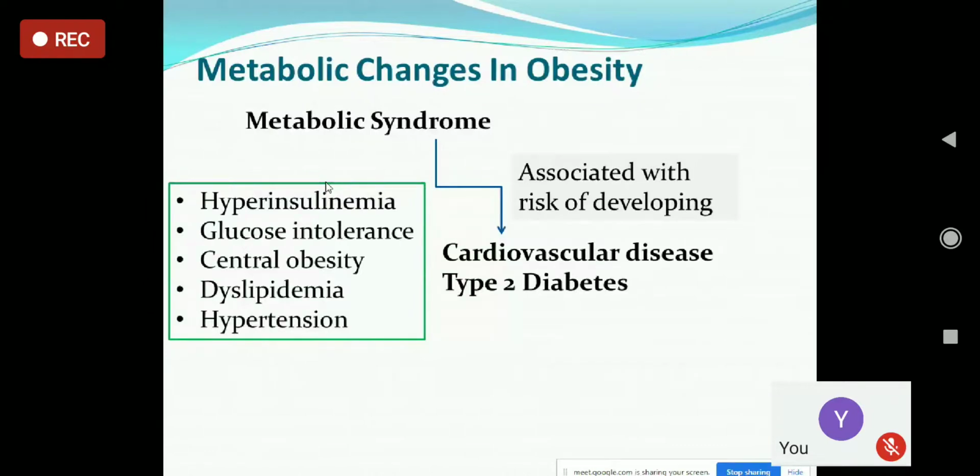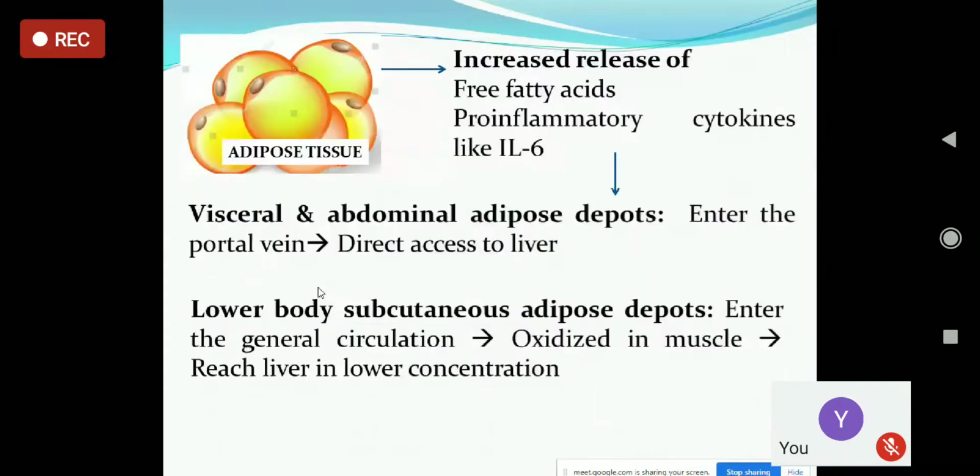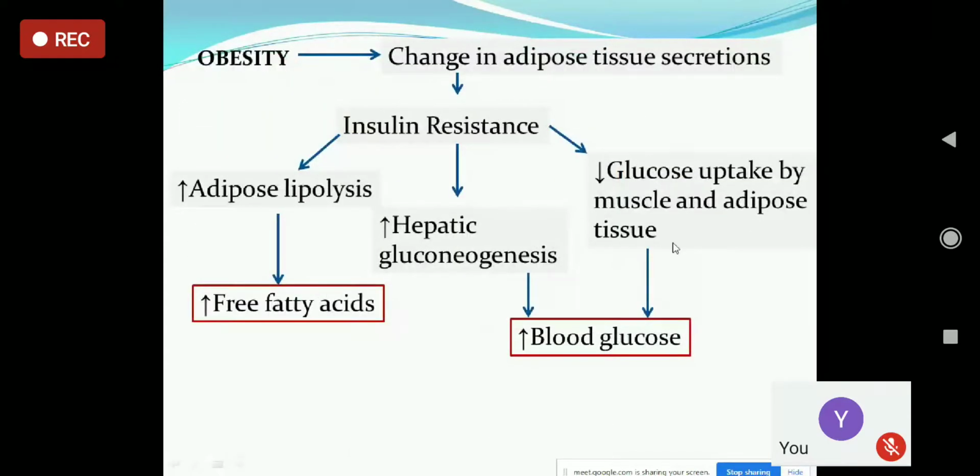So if you're asked to write the metabolic changes in obesity, you write that there is metabolic syndrome, increased risk of cardiovascular disease, everything. And you make this flow chart as well. If you're asked to write about the metabolic changes in obesity, please do not forget to write this chart.